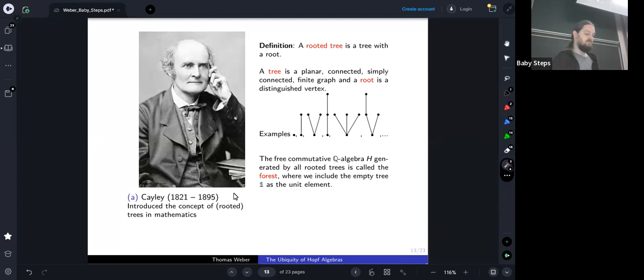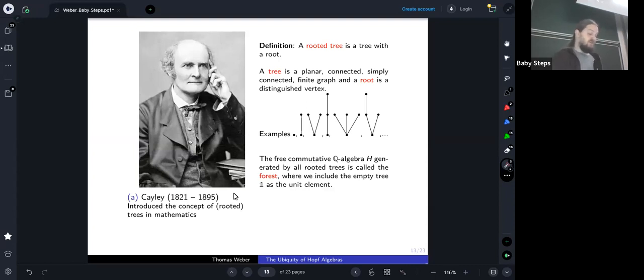You can have just one vertex, you can have two vertices connected, and then build more and more complicated trees. For example, for this one here, it does not matter if the taller one is on the left or on the right. For us, this will be the same tree. And we also take the empty tree, which will be our unit tree.